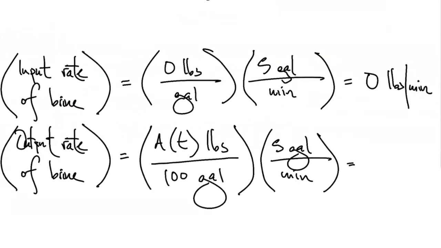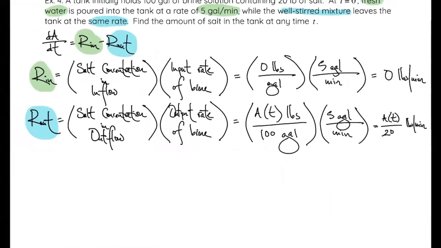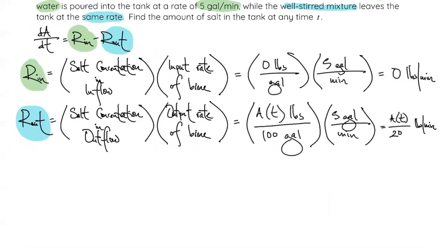But we are going to get an expression that will be useful because, remember, we have a differential equation that we want to solve. So we get A of t over 20. So 5 over 100 gives us 1 over 20, and we've got pounds per minute. So we've got a setup for our rate in minus rate out.